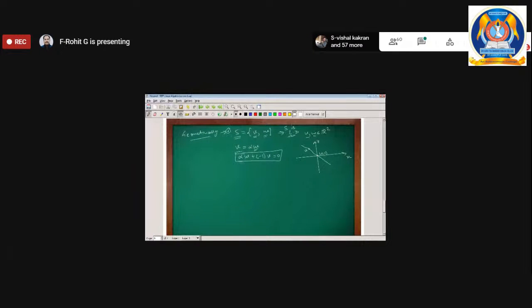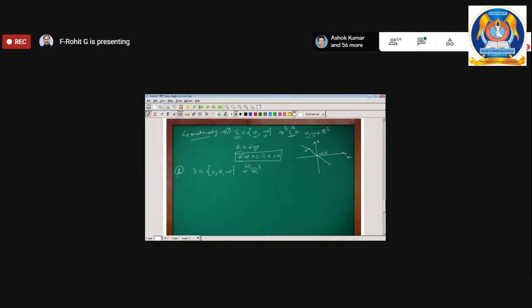Now, on the same pattern, suppose I have 3 vectors U, V, W in R cube, and S is a subset of R cube.